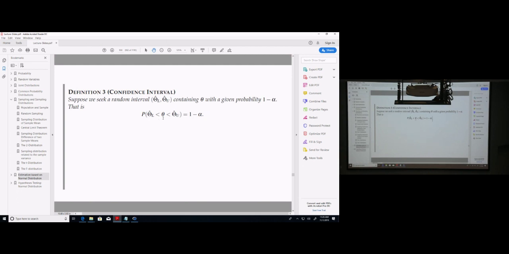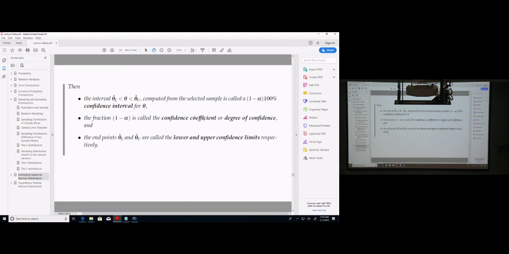Suppose alpha is 5%. What it says is that this random interval will have a probability of 95% of capturing the unknown. This is what you want, right? But of course, it is too wishful to think that you can achieve probability 1. There is no way you can do it with probability 1.